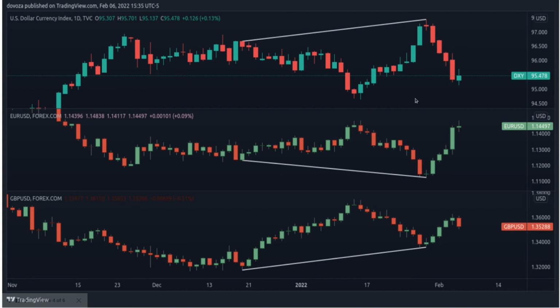So this is called SMT divergence. So what does it mean? So what is it telling us? This is telling us that the pound is actually strong, so it wants to go up. It's strong because it's not willing to make the low, a comparable low that is being made by the euro here.